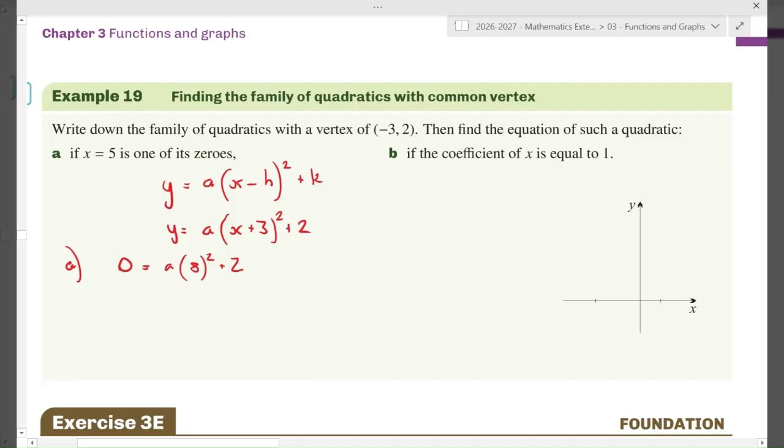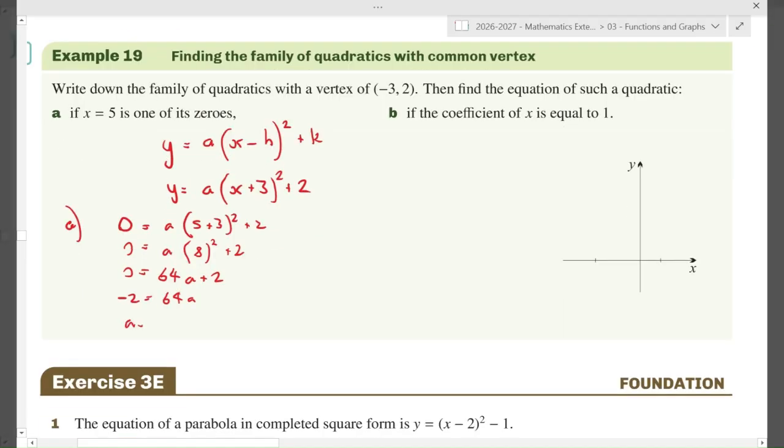Because x equals 5, I'll write it out so you see all of it. 5 plus 3 squared plus 2, which equals a outside of 8 squared plus 2, which equals 64a plus 2, which means minus 2 equals 64a, which means a equals minus 1 on 32.